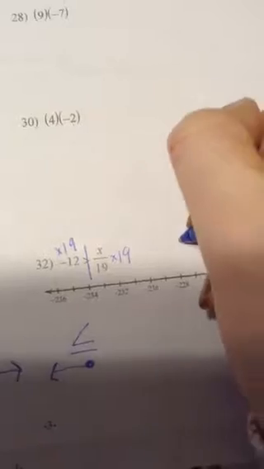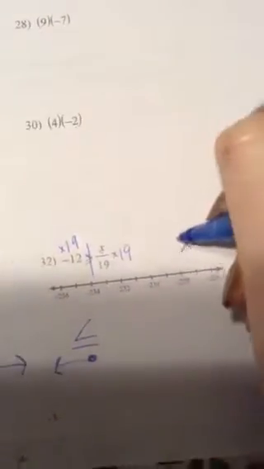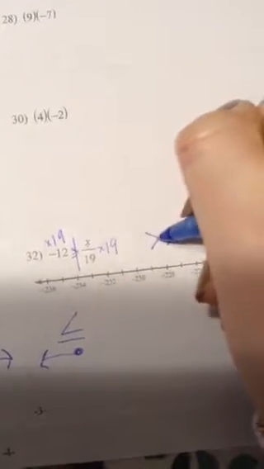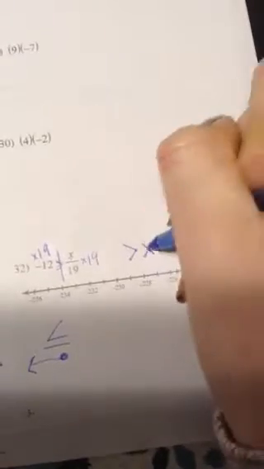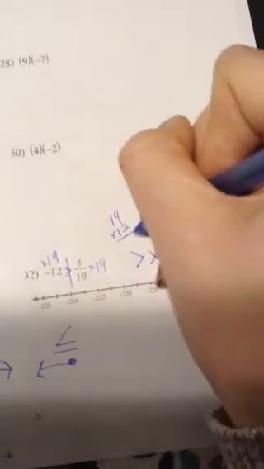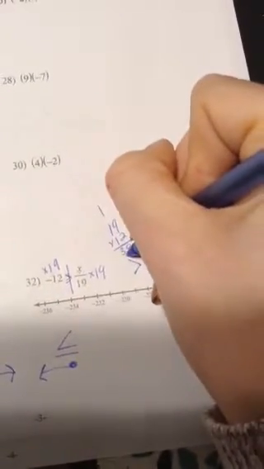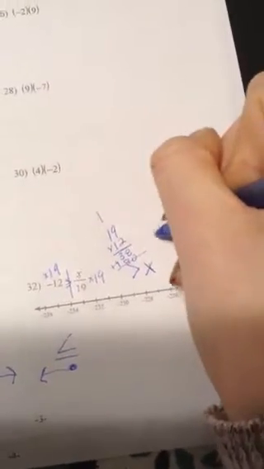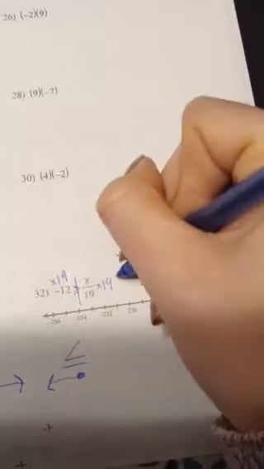So I'm going to get x is, listen to me, x is less than, because x has the closed part of the inequality, x is less than, and then 19 times -12 is 9, 10, 11, 12, carry the 1.